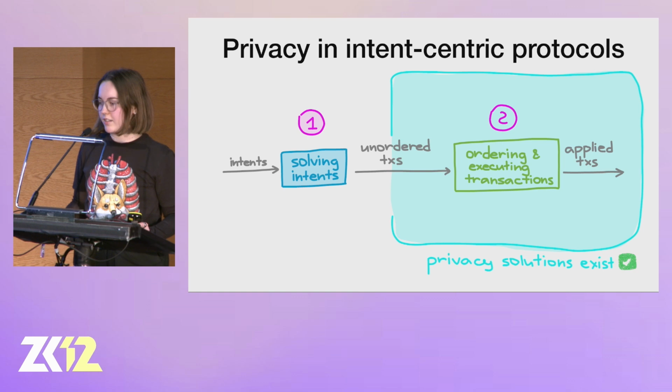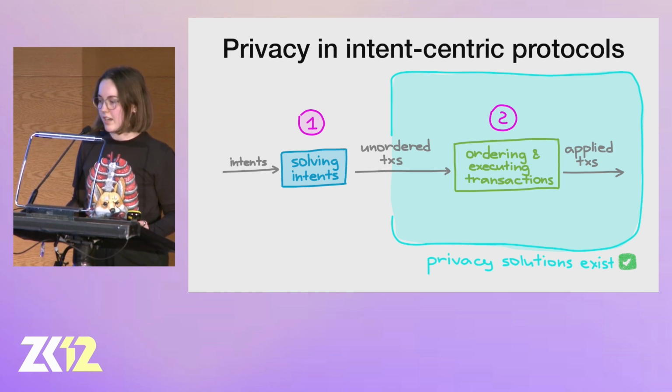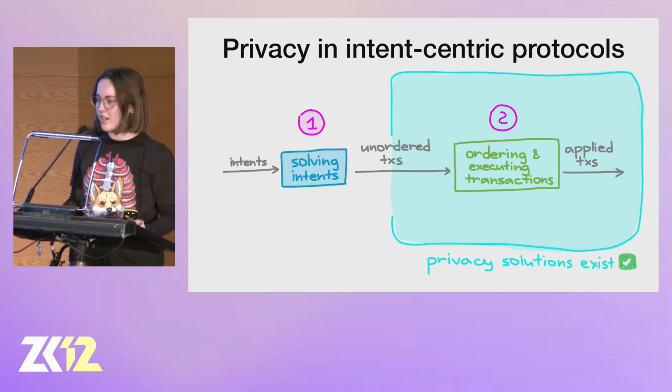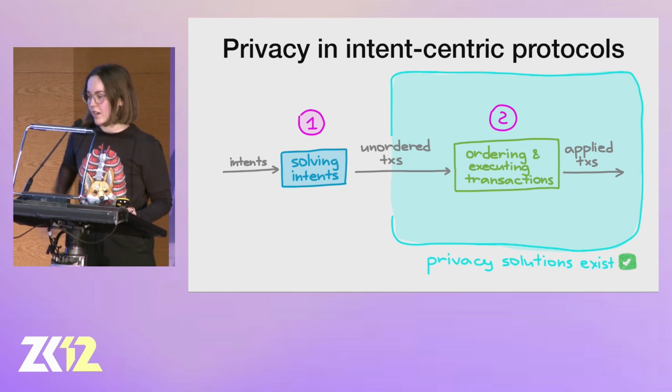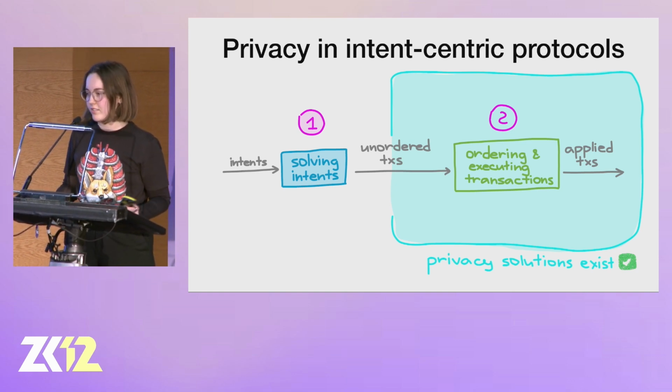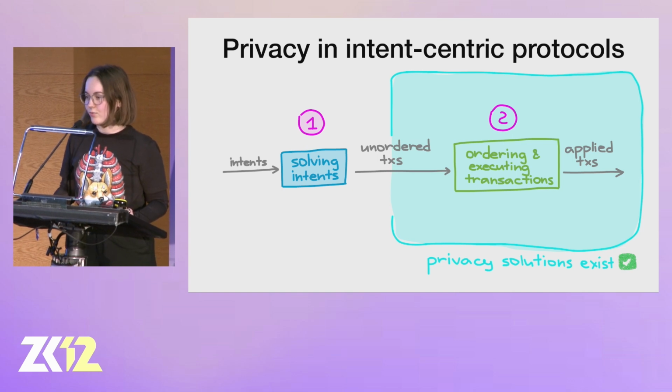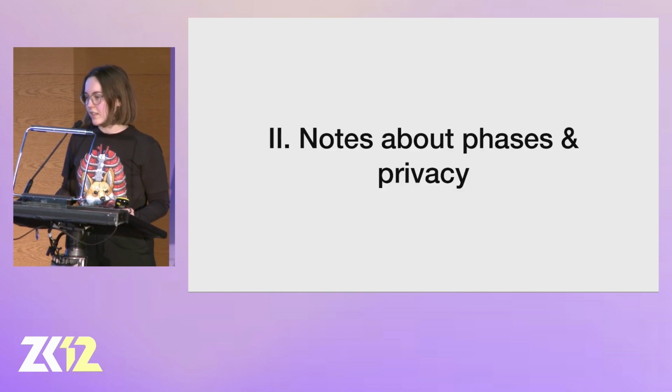This part is figured out to some extent. There are solutions like Zcash that found privacy solutions, but the intent phase is not really figured out, because intent-centric protocols don't really exist, and privacy-preserving intent-centric protocols don't exist either. So we try to figure it out a little bit.